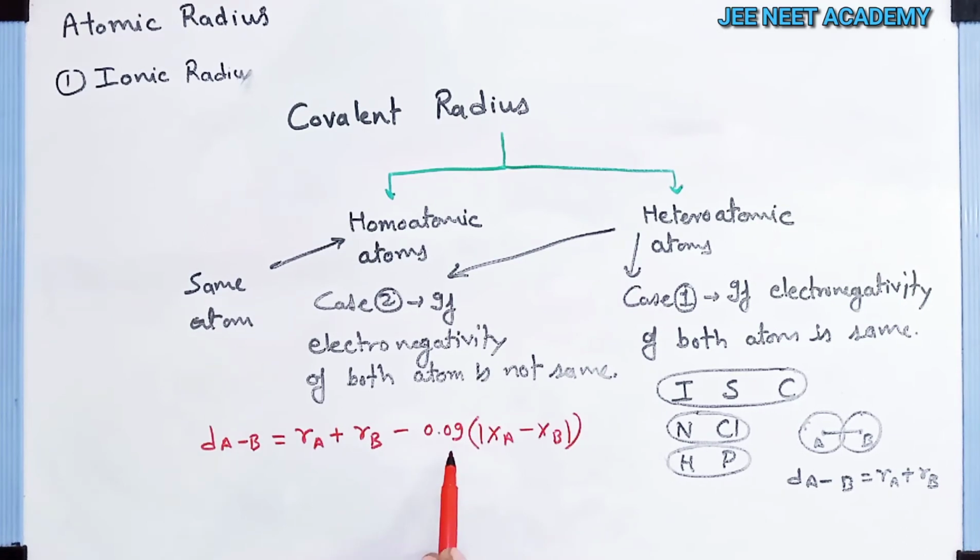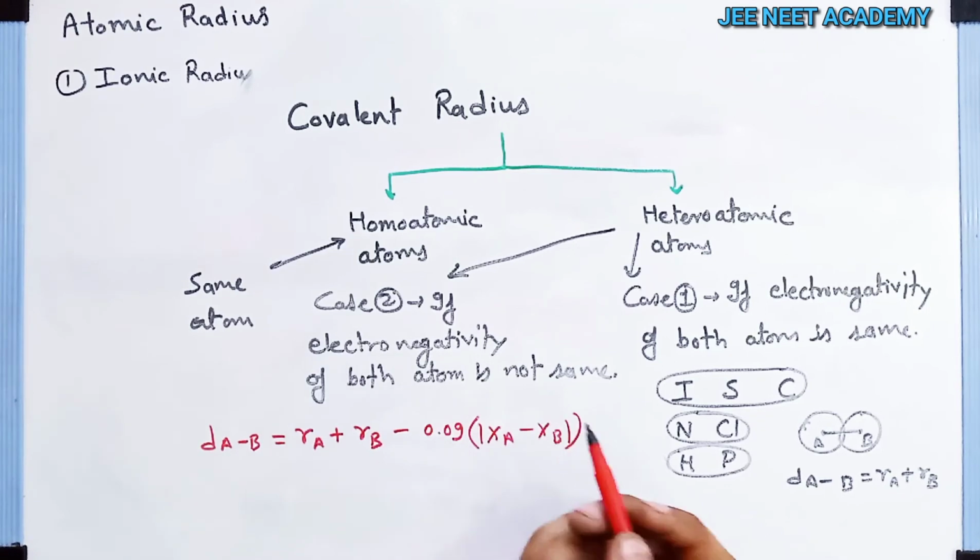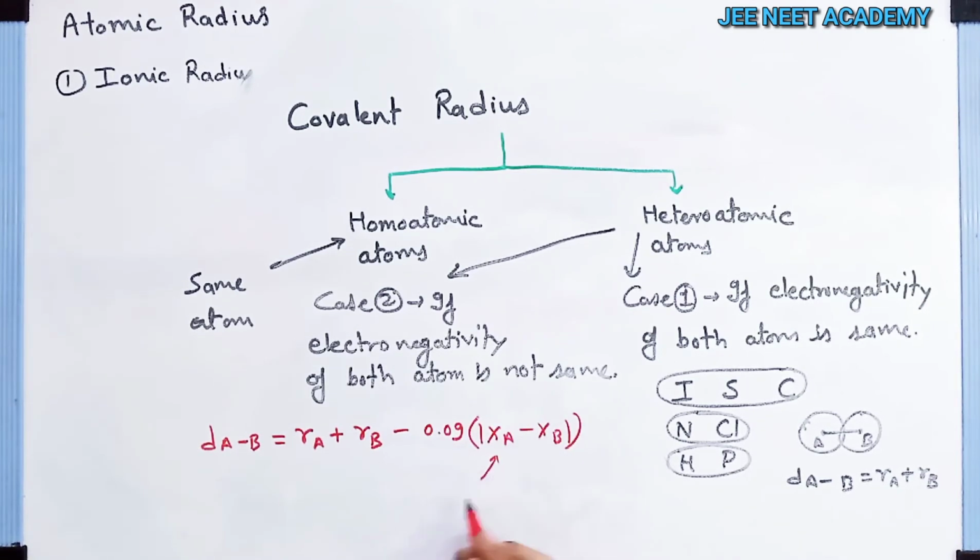That will be the distance between atom A and B. From that we can calculate the covalent radius of atom A and atom B. This is the difference of electronegativity.